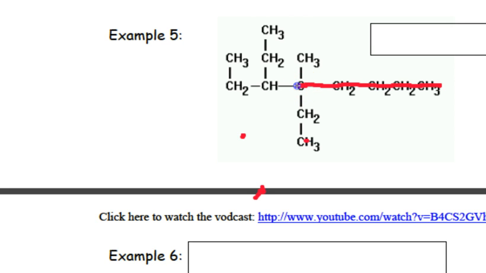If I go here, that's 8, that's 9, that's 10. I can't go across and I can't go back. So that is 1, 2, 3, 4, 5, 6, 7, that's an 8 carbon chain. Let's see if I went this way. 1, 2, 3, 4, 5, 6, 7, 8. So whether I go up this way or continue, it's going to give me an 8 carbon chain, which is octane.